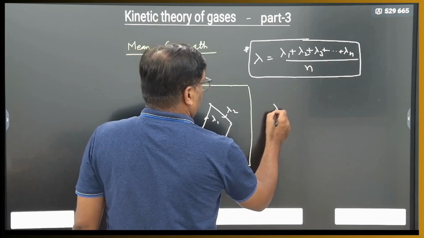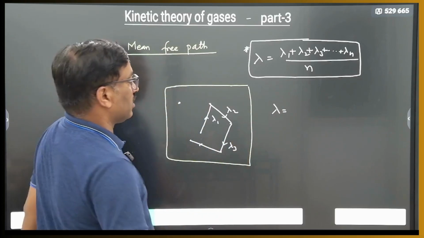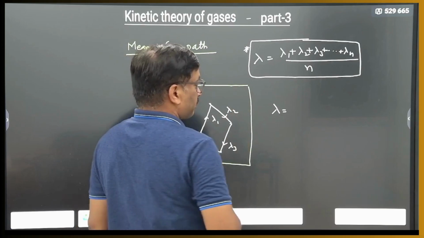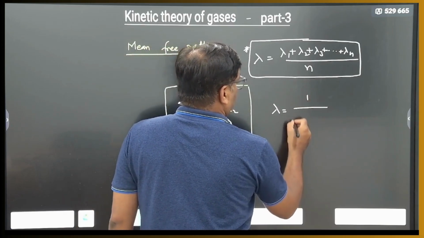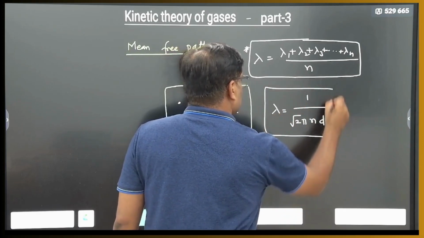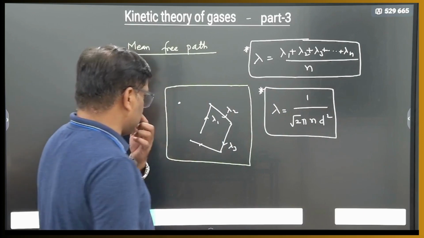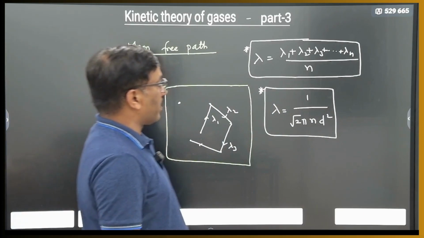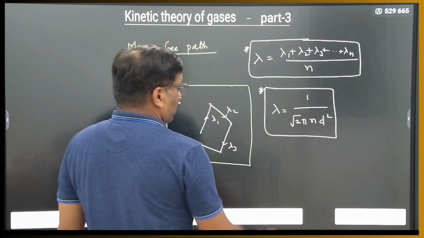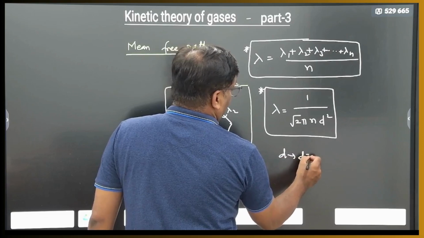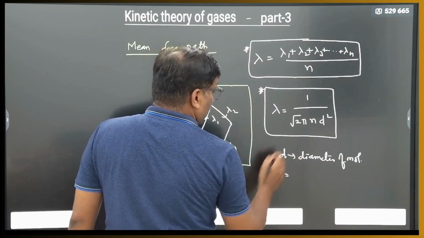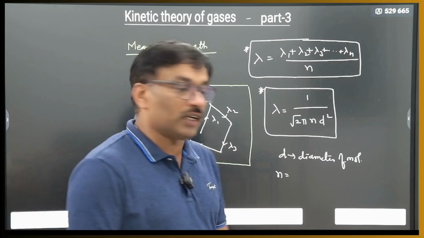What is this equation? Listen carefully. Mean free path means distance, so the unit is meter. The mean free path is given by the formula lambda equals 1 by square root of 2 into pi into n into d squared. Here d is the diameter of the molecule, and n is the number of molecules per unit volume.